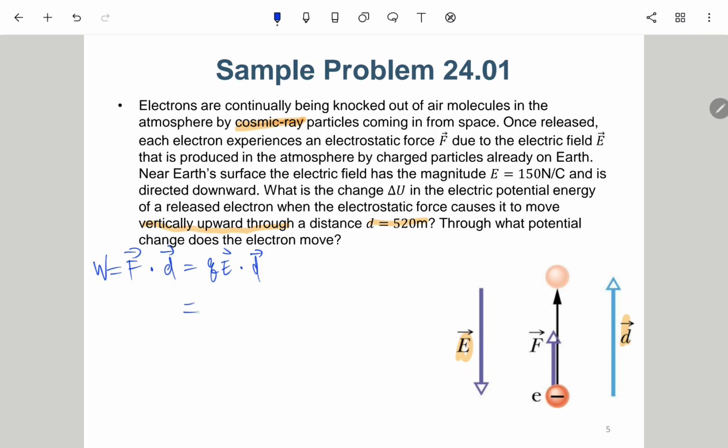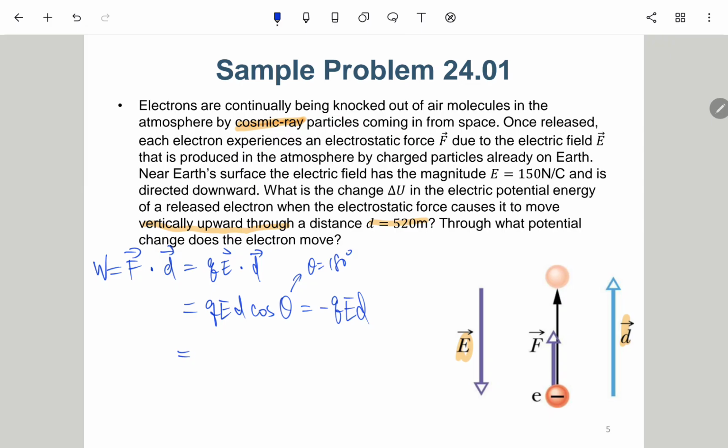So here we have qEd cos theta, and this theta equals 180 degrees. So this cosine of theta is -1, so it is nothing but negative qEd. Okay, so in here we can plug in all the numbers.